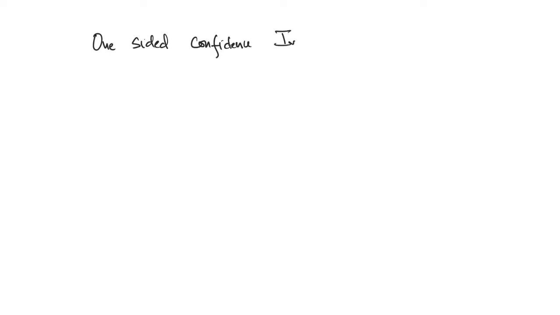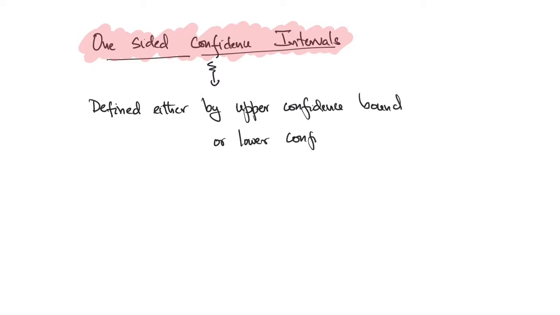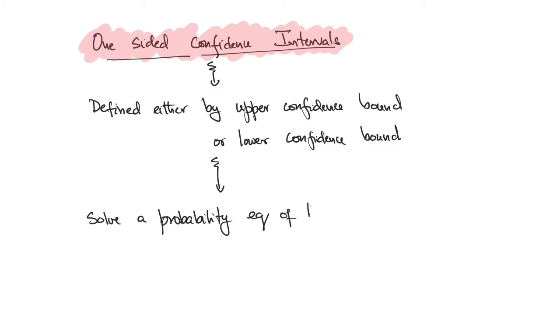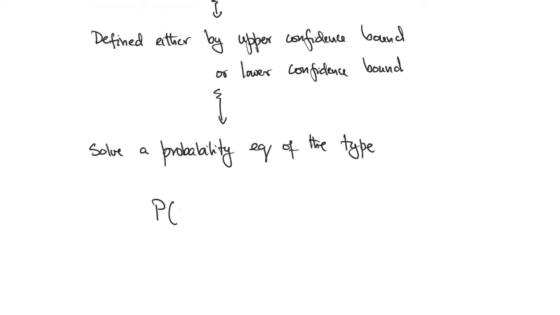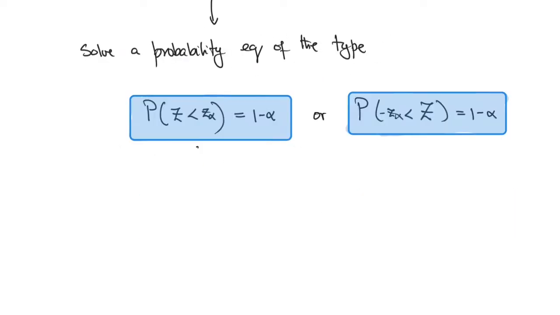A one-sided confidence interval is defined either by using an upper confidence bound or a lower confidence bound. So there are various situations where you might not care to know a two-sided confidence interval. And in these scenarios, we calculate probabilities of the type probability of Z less than or equal to a critical value z alpha equals 1 minus alpha, or the probability of Z greater than negative z alpha equals 1 minus alpha.